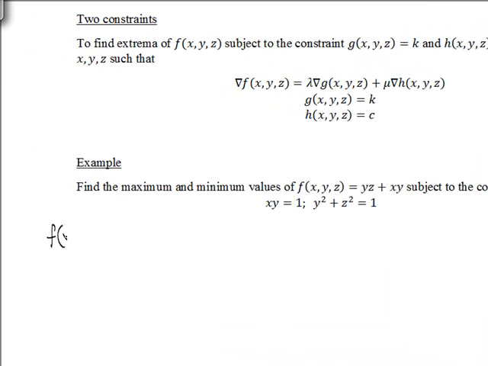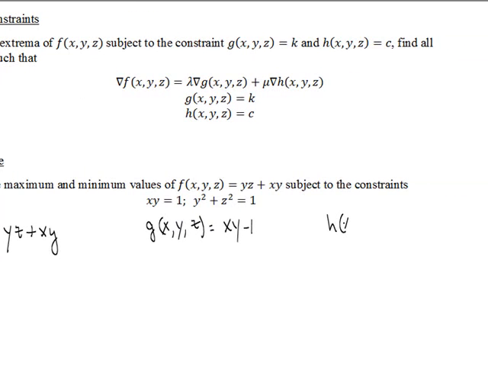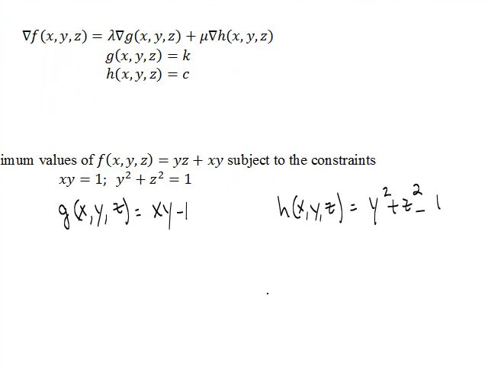So f of x, y, z is yz plus xy. G of x, y, well, let's put z because they have 3 variables, is xy minus 1. And h of x, y, z is y squared plus z squared minus 1.